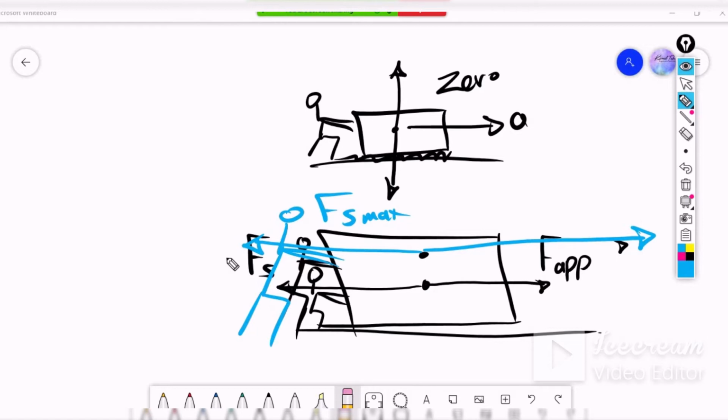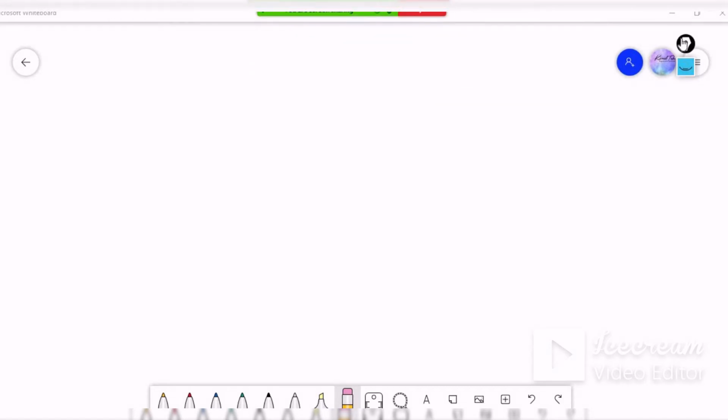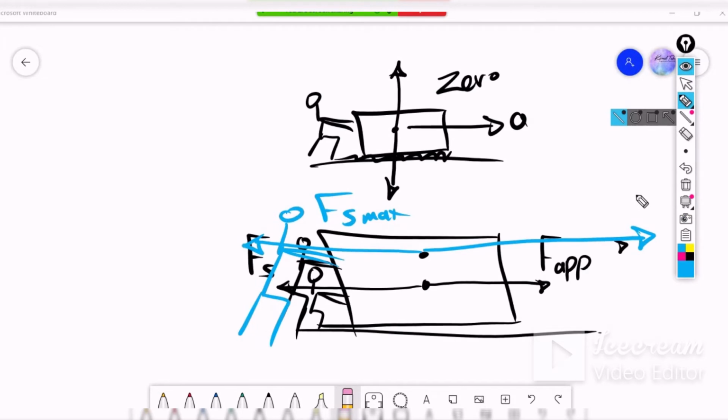When the object moves, you can feel that sometimes the object will move easier than at the beginning. Why? Because there is another kind of friction that is called kinetic friction. Kinetic friction will be less than the static friction, and we will speak about that more now.